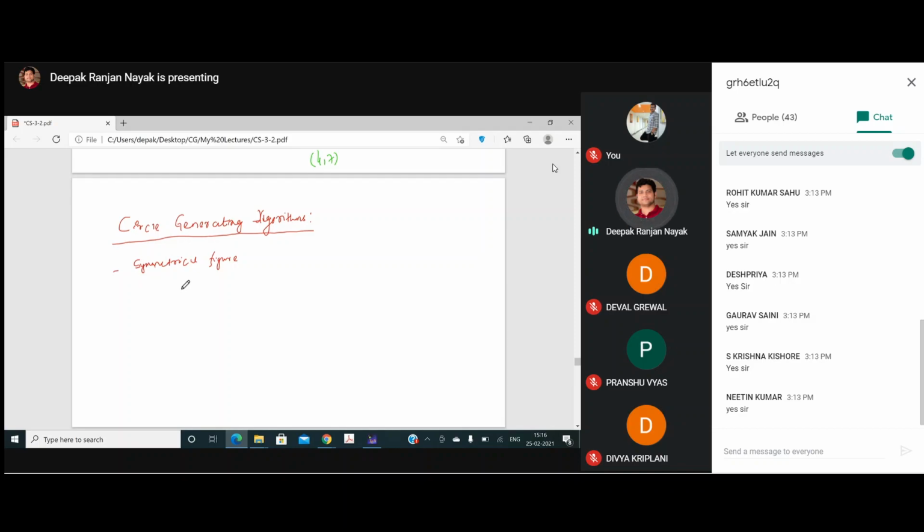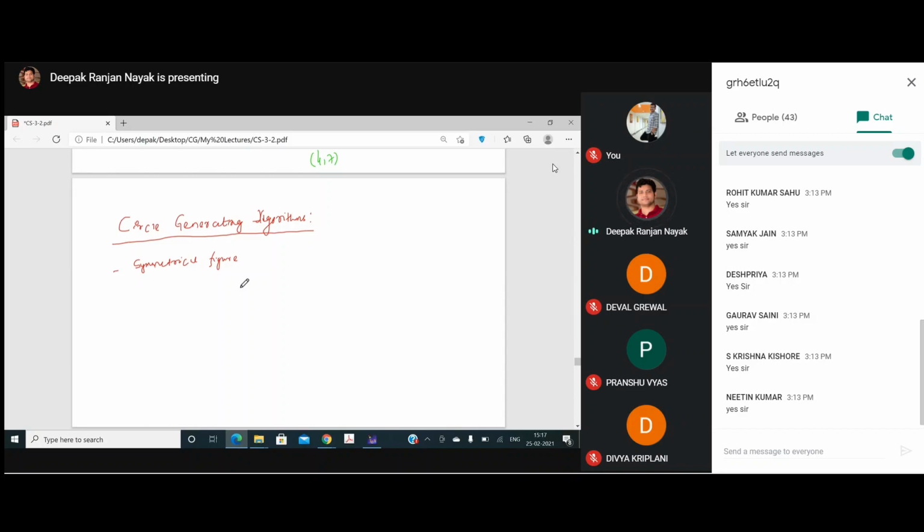Any circle generating algorithm, whatever the algorithm may be, can take advantage of the symmetry property of this symmetrical figure, and plot 8 points for each value the algorithm calculates. I'll show you what those 8 points are. If you calculate only 1 point, you can calculate 8 points, around each 45-degree axis.